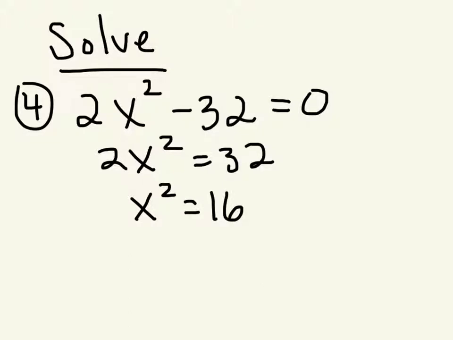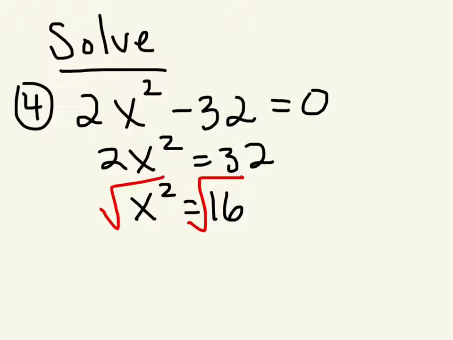Now when we are asked to solve an equation, we want to find all possible solutions. So when solving for x in this case, we want to take the square root of both sides, but keep in mind, we have two solutions that would make this true. We know that the square root of 16 is 4.